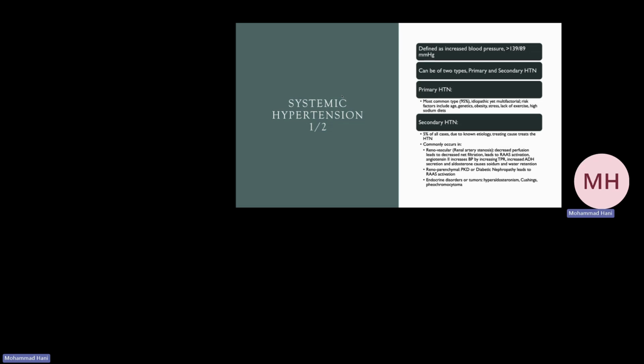Now, the common pathologies that it might arise in include renovascular disorders, basically renal artery stenosis. So, what happens in renal artery stenosis is, for whatever reason, there is stenosis that causes decreased perfusion. This decreased perfusion will also lead to decreased net filtration in the glomerulus.